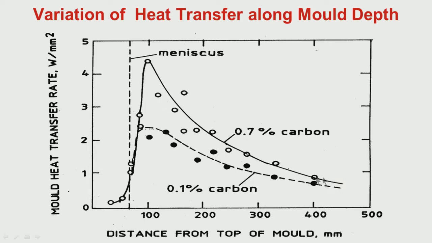Why should it come down? Because solidification is taking place and the solid shell is getting thicker as you come down. So, you do not require so much heat transfer, and moreover there is a lot of resistance to heat transfer because of the solid shell. So, heat transfer comes down in the mold from top to bottom.